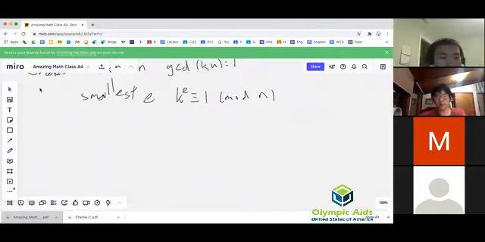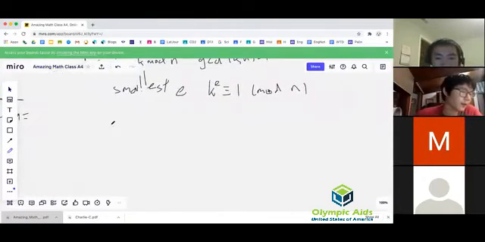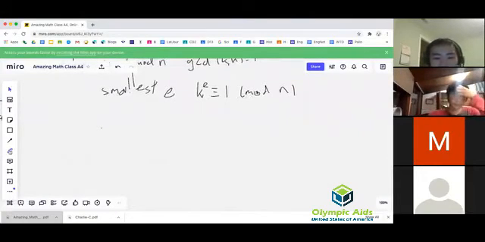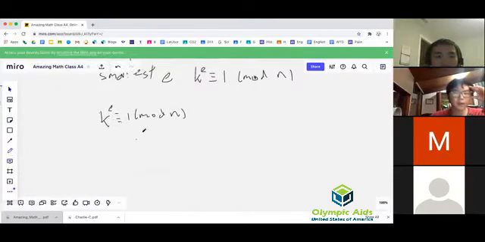So I'll go through the next example, which we can kind of use orders for, but not really. It doesn't really matter. In general, if you can find the order, or a multiple of the order, so any number e such that k to the e equals 1 mod n, that's really good for these types of problems, because then you can basically take the exponent mod e.